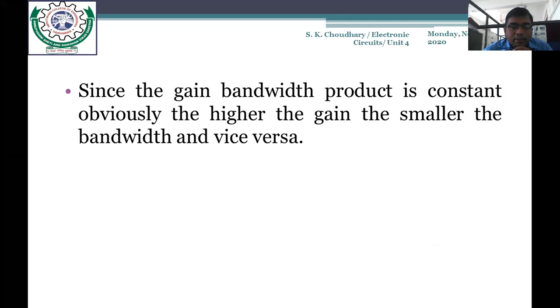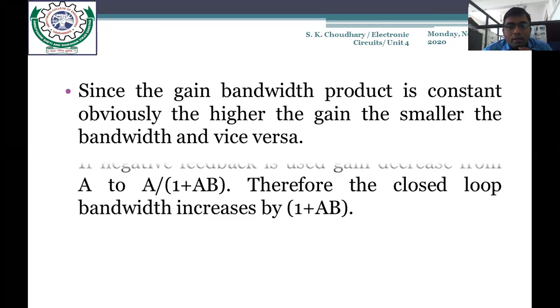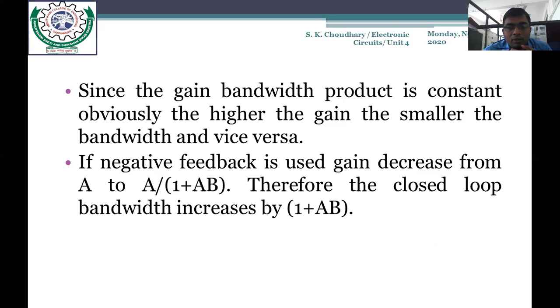So the gain bandwidth product, as we have discussed, is a constant parameter, and higher gain means smaller bandwidth, and higher bandwidth means smaller gain. In the voltage feedback, we are using negative feedback, and our gain is decreasing by the factor of 1 plus AB.